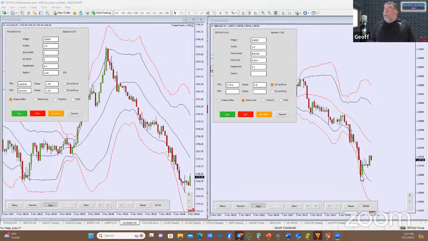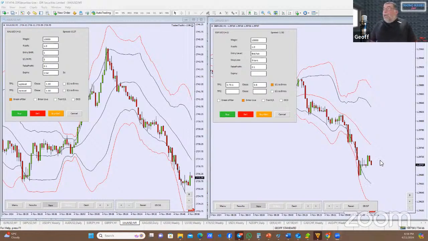You've got the pound closing on the 3 standard deviation Bollinger Band and closing above the 2 standard deviation Bollinger Band. That's exactly what we want to see. But we want to see the second close above the 2 standard deviation band, not the first. So the second one was that one.